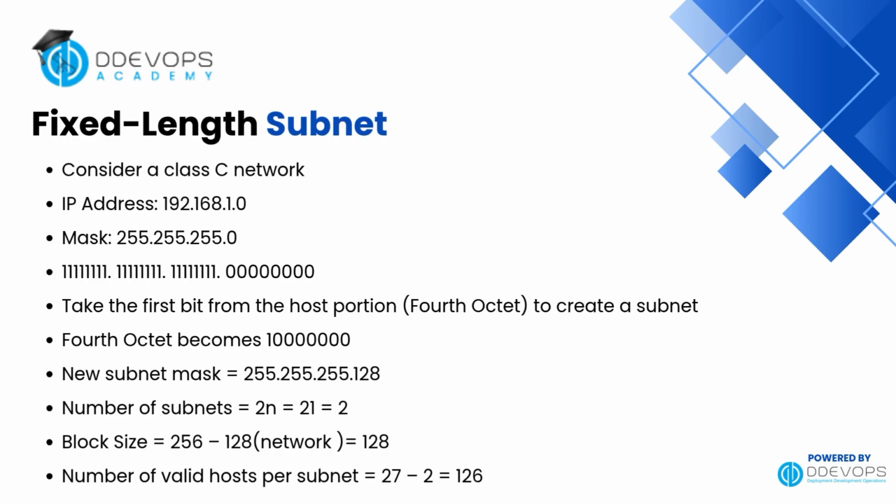Here, the last 8 bits, or the 4th octet, are used for hosts. Now, we'll take 1 bit from the host portion to create subnets. So, the 4th octet becomes 10000000. This changes our subnet mask to 255.255.255.128. Notice how 1 bit has moved from the host side to the network side.